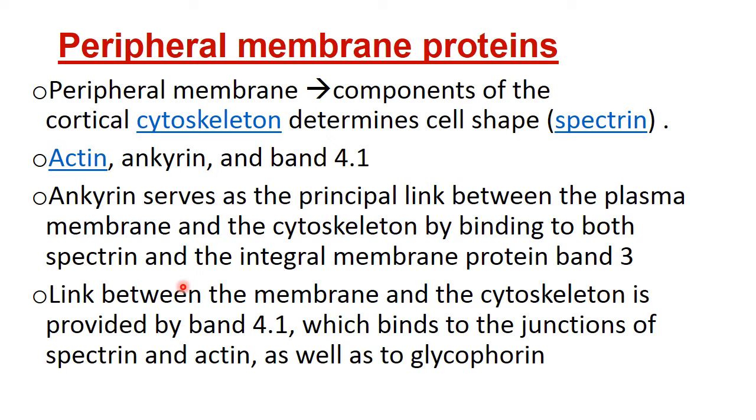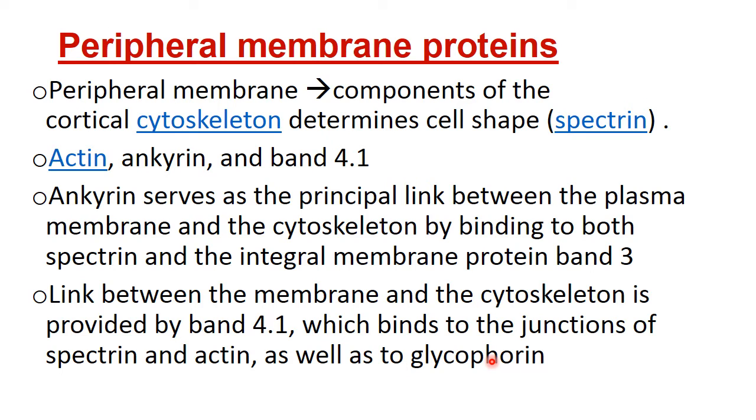Next, the linkage between the membrane and the cytoskeleton is also provided by band 4.1, a peripheral membrane protein. This linkage is formed by the binding junction. What are the binding junctions? Spectrin, actin and glycophorin. Glycophorin is also an integral membrane protein.